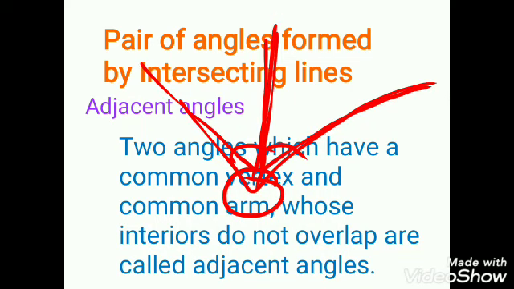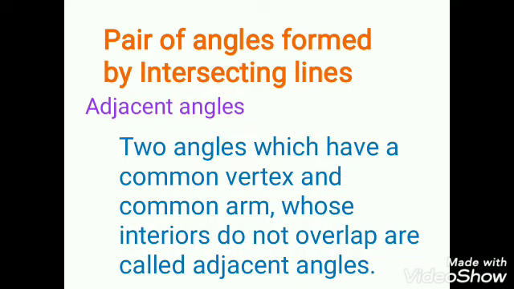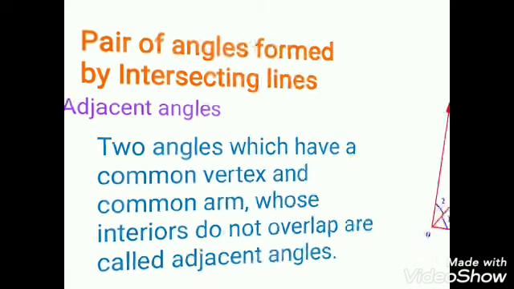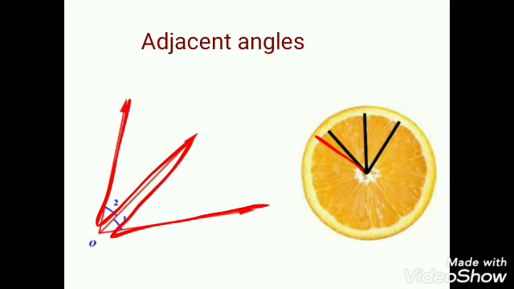This one is one angle, this is another angle, this is the common arm. So that is called adjacent angles. Two angles which have a common vertex and a common arm are called adjacent angles. Okay, this is an example for adjacent angle. This one is adjacent angle, here this is adjacent angle.